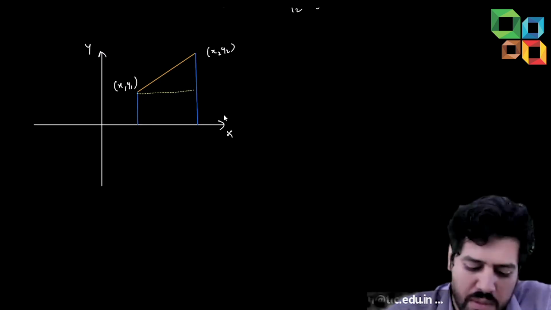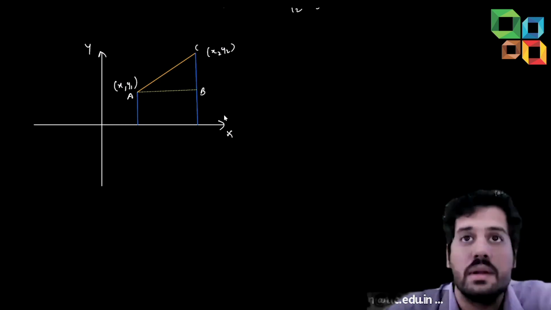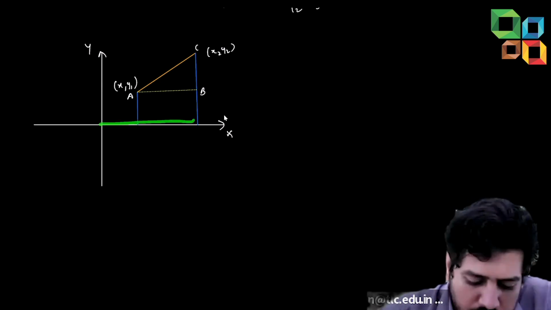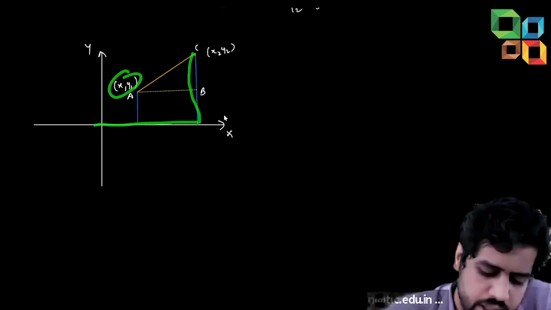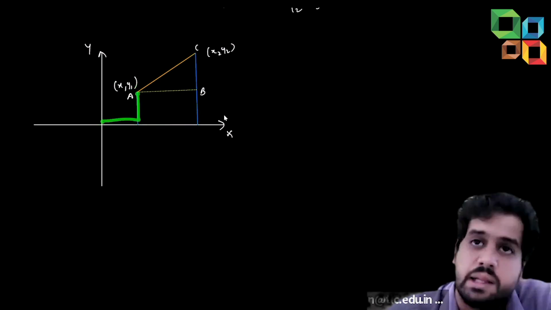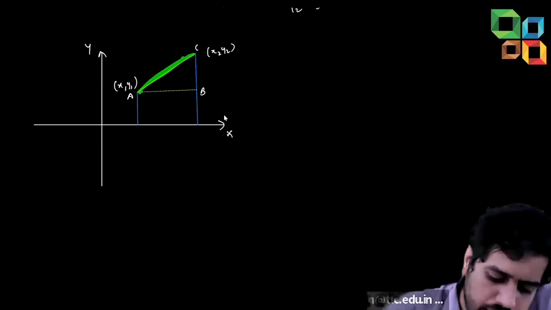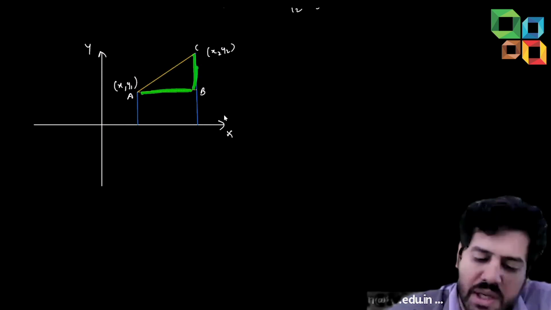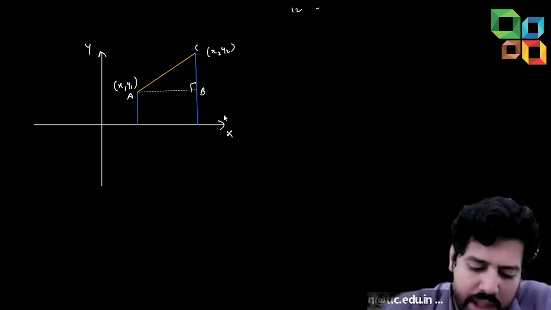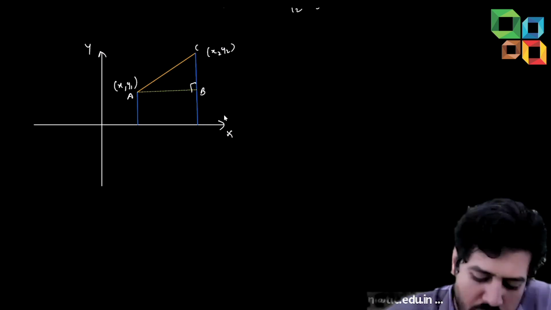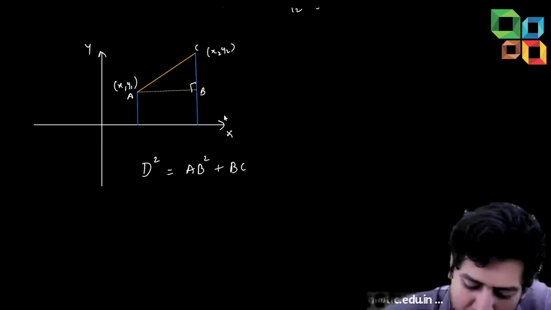Well, you can just divide this into a triangle, which is ABC, right? And the whole length for this x2, y2, this length is x2, this length is y2. Similarly, for x1, y1, this length is x1, this length is y1. Correct? So we need to find this length, AC square, which will be AB square plus BC square, right? Because this is a right angle.